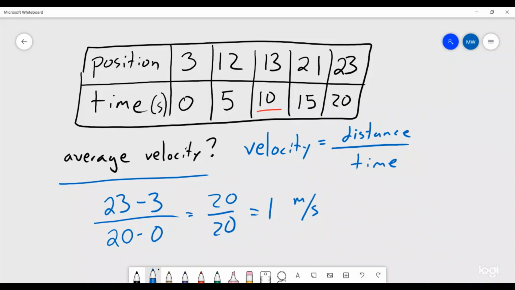But then other things we might be asked is, what interval has the biggest average velocity? Go ahead and try and figure out if the interval from 0 to 5, 5 to 10, 10 to 15, or 15 to 20 would have the biggest average velocity, and what that would be.